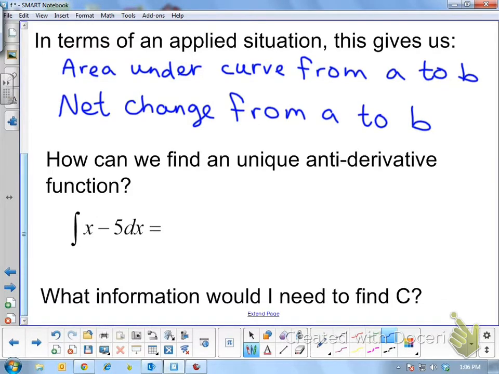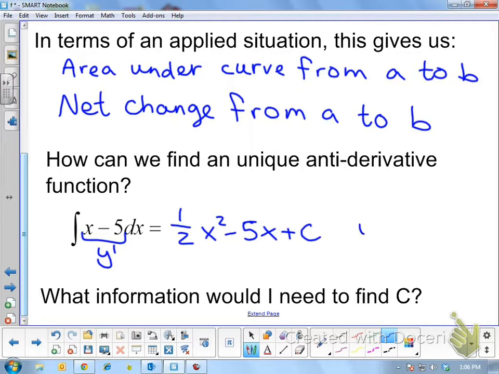So if we take the antiderivative, we have to use the anti-power rule. So we're considering what was inside as the derivative. This is y prime, and this is y.